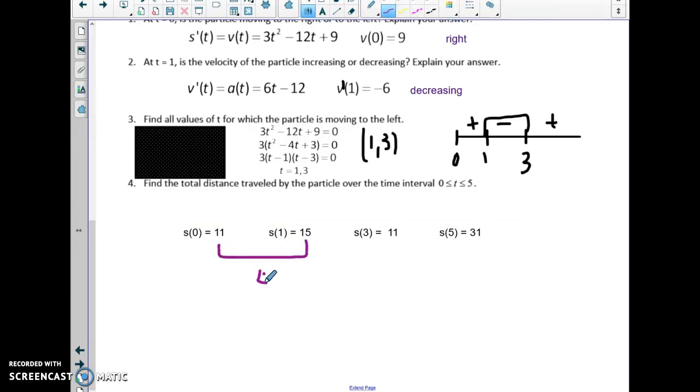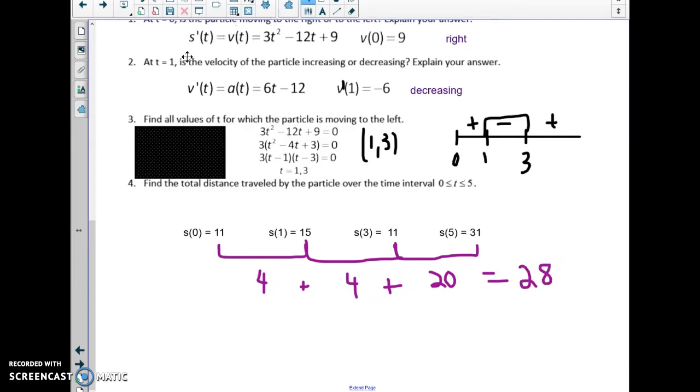This distance is 4, so it moved 4 to the right. Then it moved 4 back, but it still moved 4. And then it moved from 11 to 31, which is 20. So you're going to add all of these positive values together, and you get that the total distance traveled is 28. This is a different question than displacement, which we'll talk about. Okay, moving on.